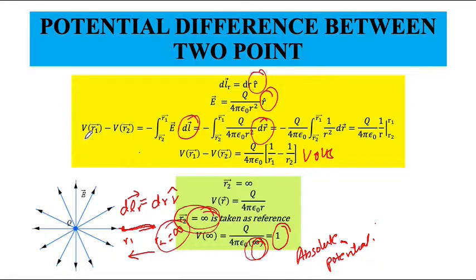V has been obtained as an integral of the electric field, so you could suspect that the electric field is the differential of voltage, and we will get that. So we can write E as dV by dl.